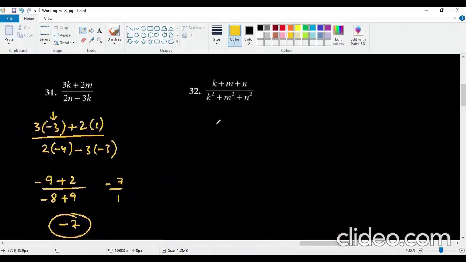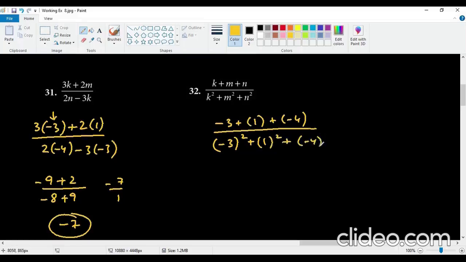Moving on to 32. K is negative 3 plus m is 1 and plus n is negative 4 divided by k value is negative 3 squared, plus m value is 1 squared, and plus negative 4 squared.